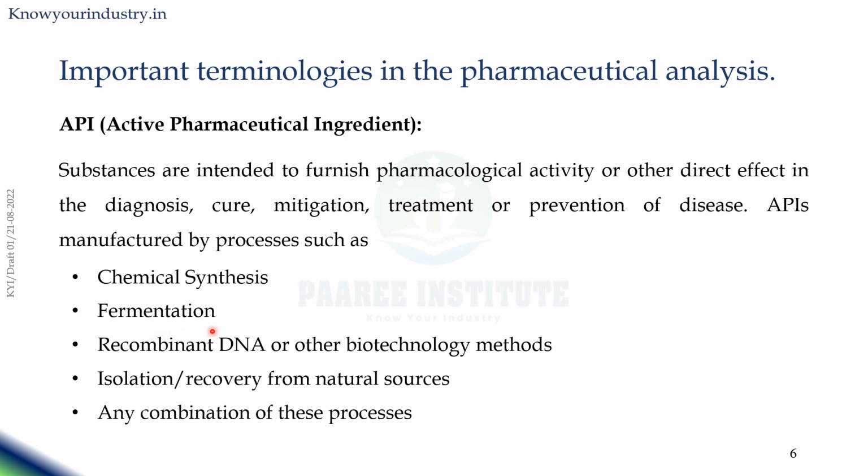Fermentation, for example, many antibiotics like cephalosporins or penicillin are manufactured through the fermentation process. Some of the biologicals, proteins or peptides are manufactured by recombinant DNA, and vaccines are also manufactured by biotechnology methods. Then isolation and recovery from natural sources, for example, digoxin is obtained from natural sources. And this entire process can be used in combination to produce a particular active pharmaceutical ingredient.